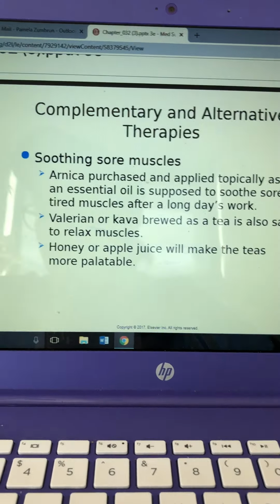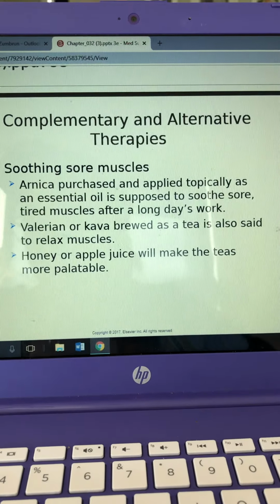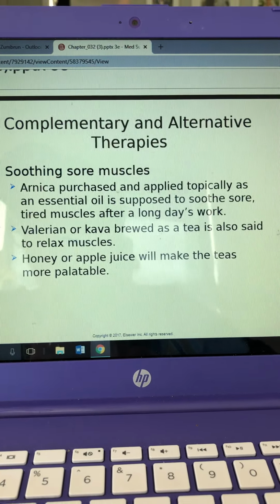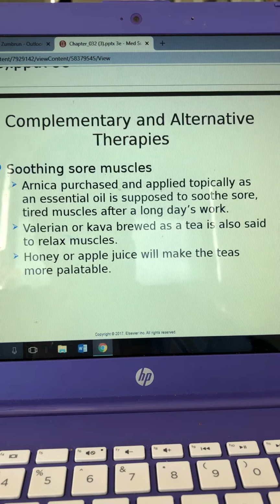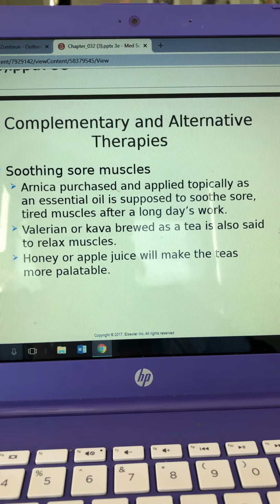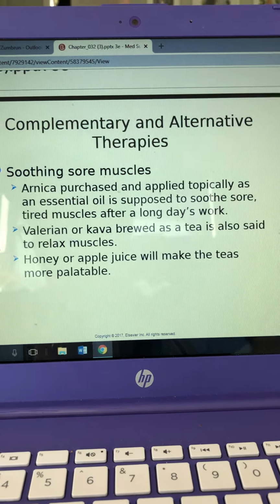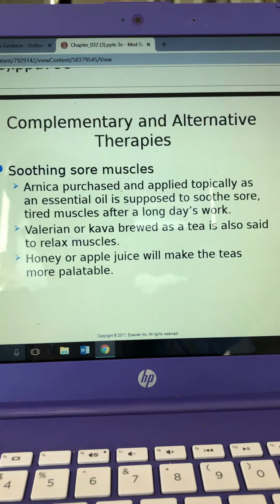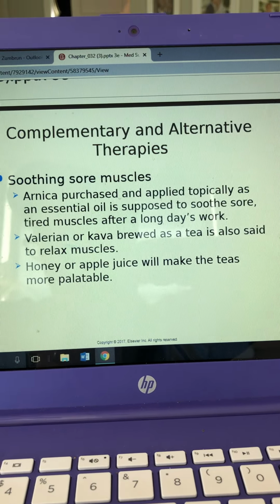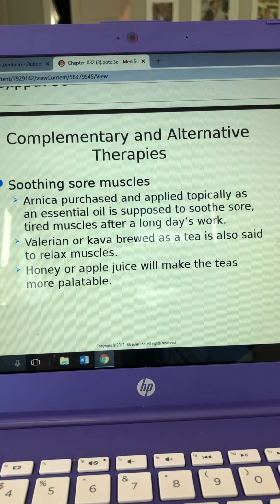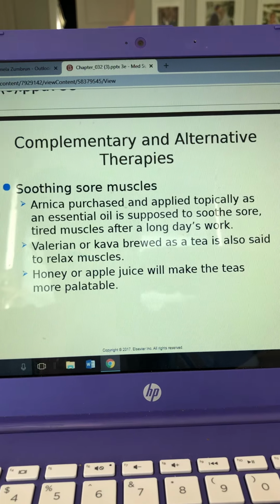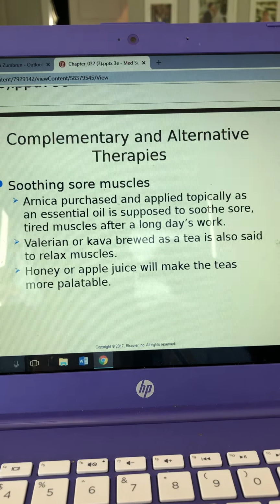I do not think it's FDA approved yet, unless I am incorrect. Someone who is pregnant or breastfeeding needs to use caution with essential oils or teas for sore muscles. They need to ask their physician first.